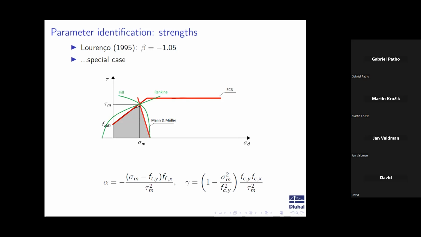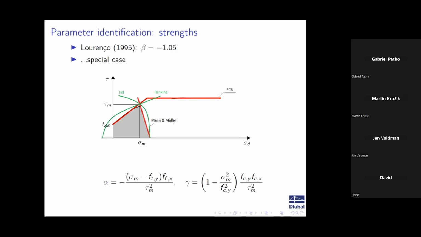Again, my green line should cross this point as well. And we have a very nice, quite easy expression for alpha gamma. Each value is known. We before computed the tensile strengths, the compressive strengths, and then I just need to compute, according to these two cases, the middle point of sigma and tau m.